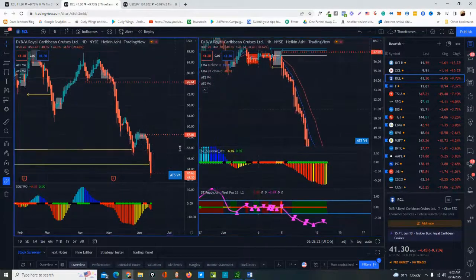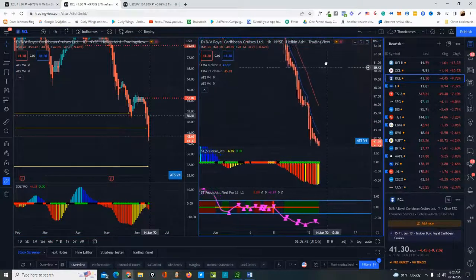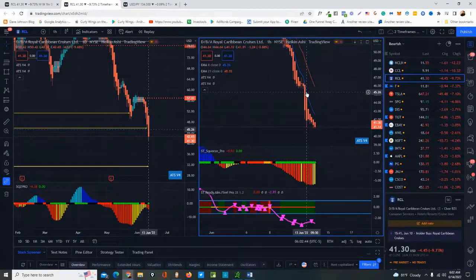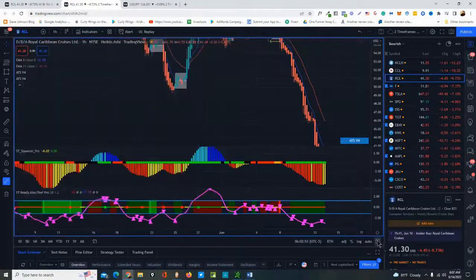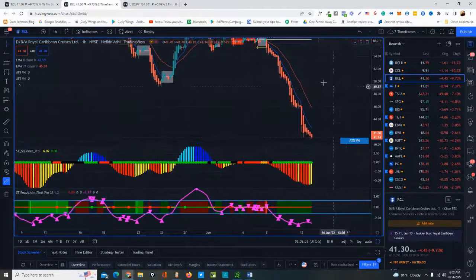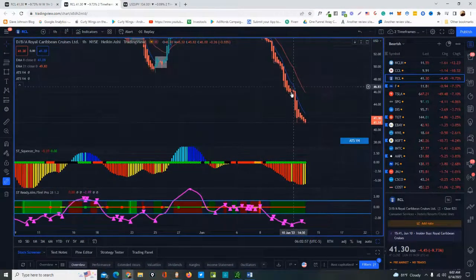What I was targeting, this was last week, was this area right down here at about 45.92. I did it off the daily, but I took profit down here when it was consolidating on the hourly. So I entered at a beautiful time in line with my bias, and I got out here.